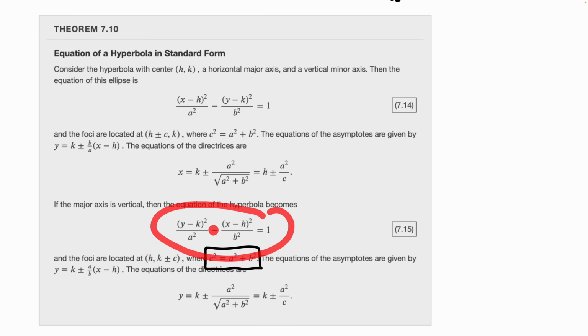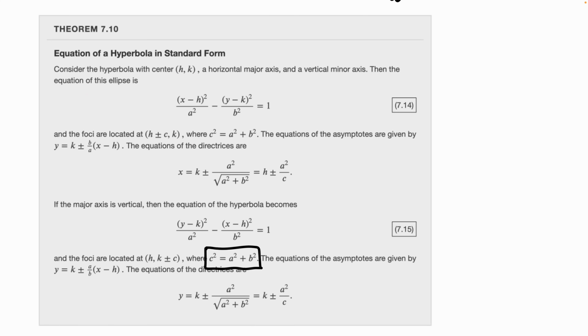Whereas when you look at the difference, set equal to 1, the first term will provide you with a in the bottom, and in the top, if you find the variable y, then the transverse axis will be vertical.